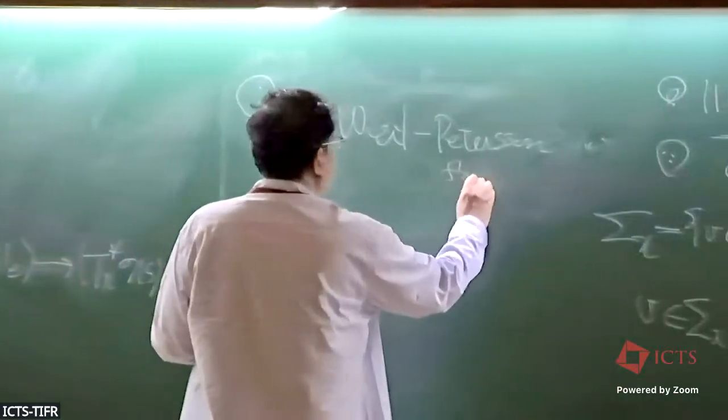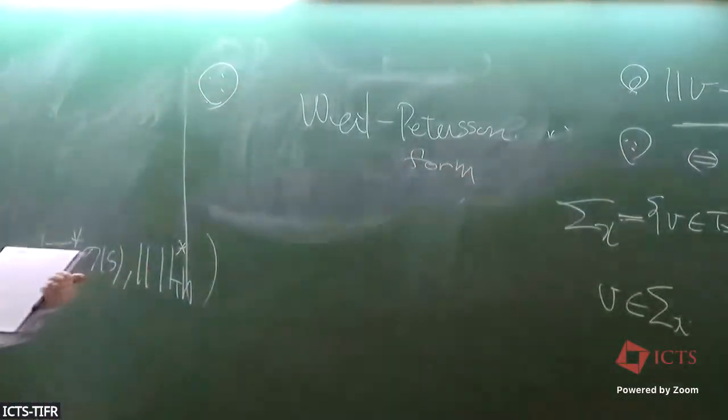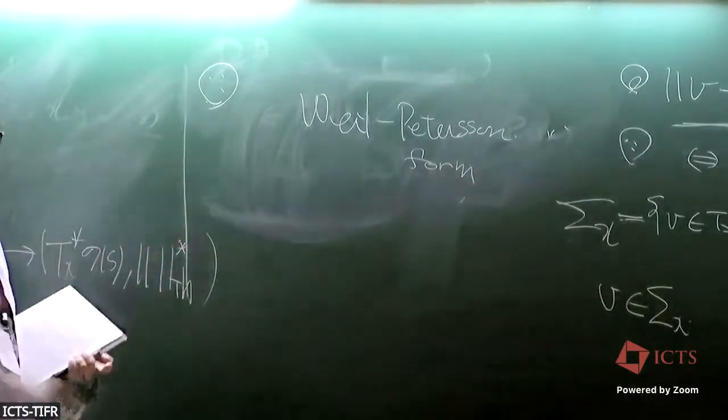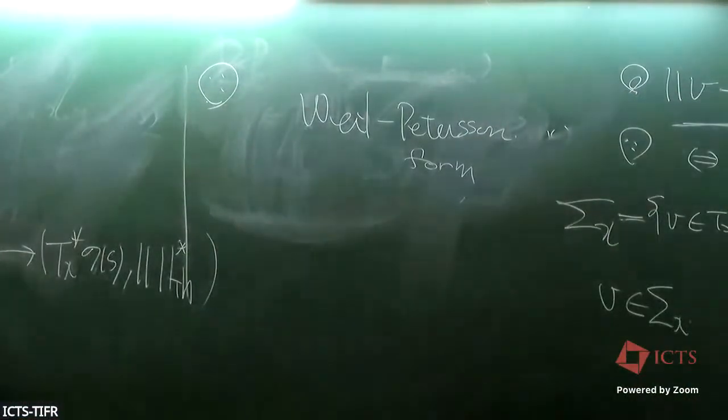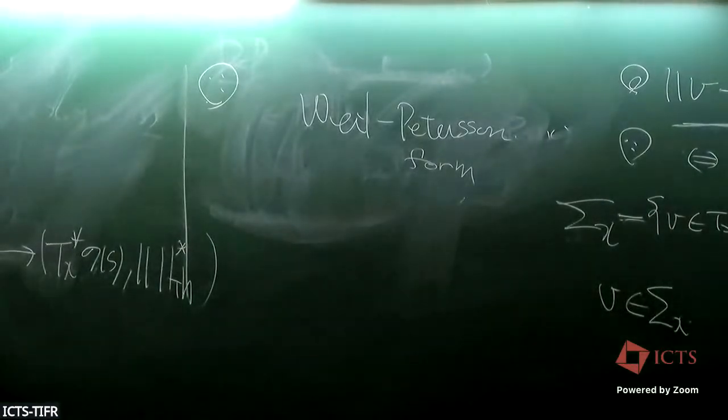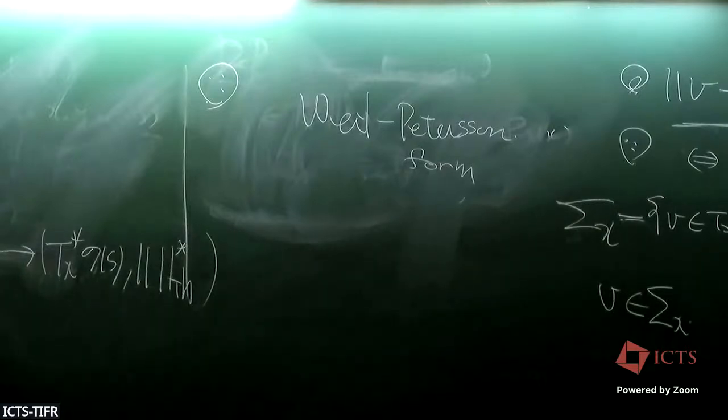That was defined on complex vector spaces. The Petersson form was defined on the space of holomorphic quadratic differentials, and the dual of that is a Weil-Petersson form, which is defined on the space of harmonic Beltrami differentials.